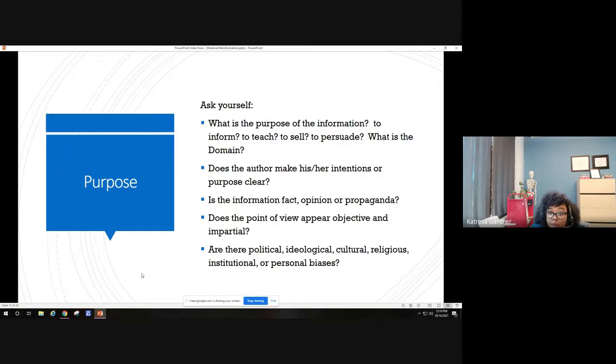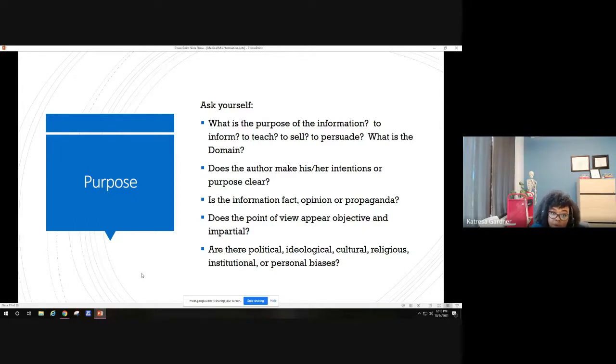Next, does the author make his or her intentions or purpose clear? And then also, is the information fact, opinion, or propaganda? You also want to ask yourself, does the point of view appear objective and impartial? And then also, are there any political, ideological, cultural, religious, or institutional personal biases within the information that you're looking at?